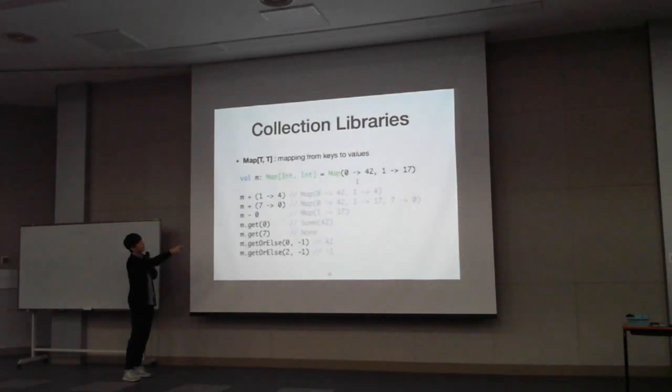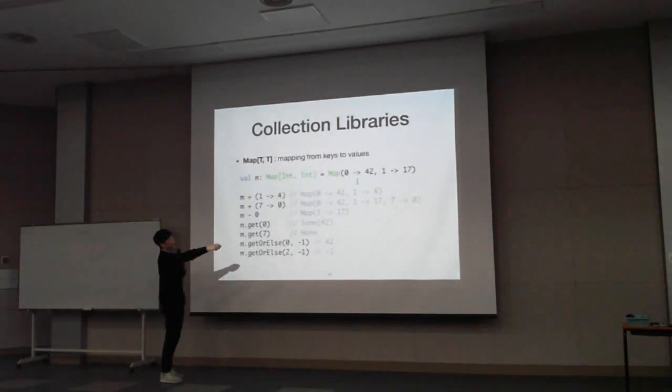Then this plus addition function creates another map. So m will not be changed. m is always this map. And m plus 1 to 4 will create another map object like that. Actually, 1 already points to 17, so it changes to 1 points to 4.